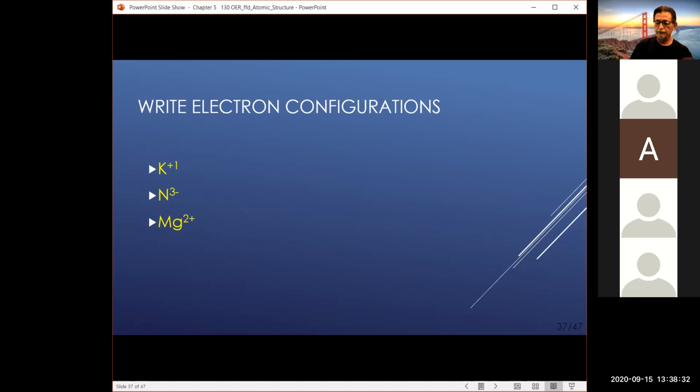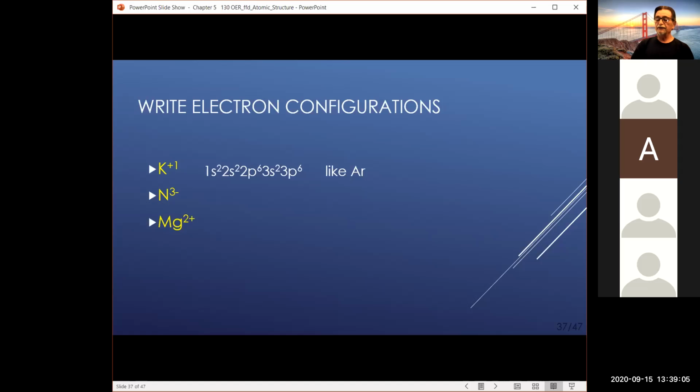In this case, we have the potassium ion, which is +1, and the nitrogen ion, which is now named nitride, has a -3, and the magnesium ion, because that's a +2. And so when we do the electron configuration for the ion, it comes out as 1s2, 2s2, 2p6, 3s2, 3p6.